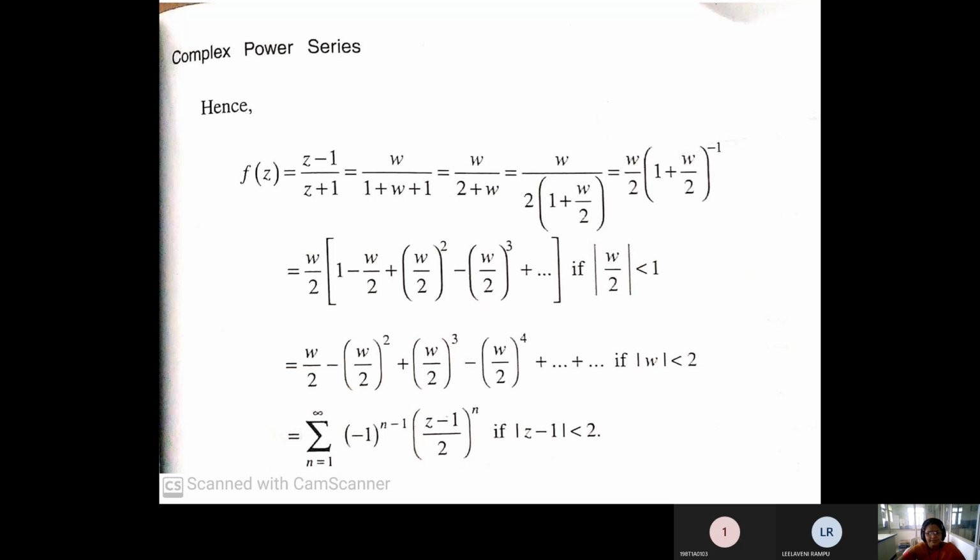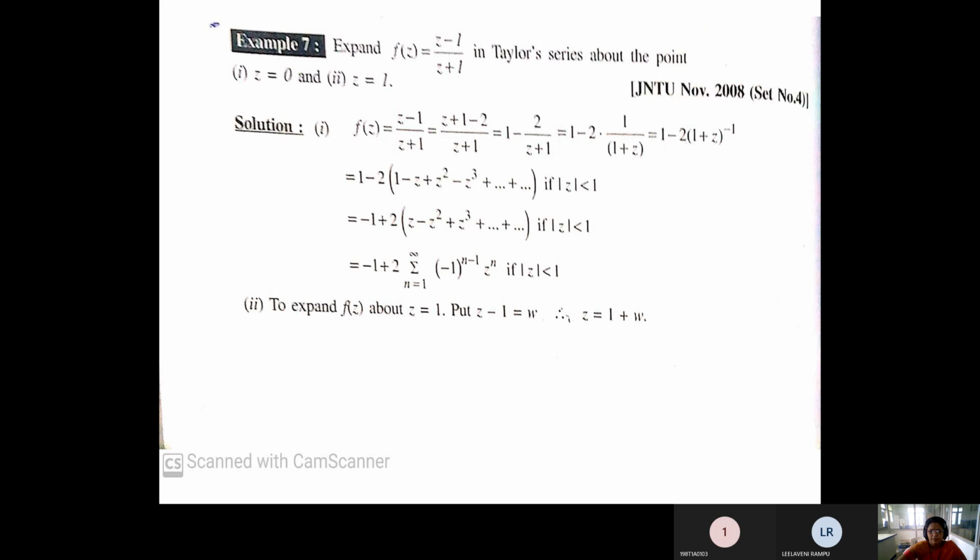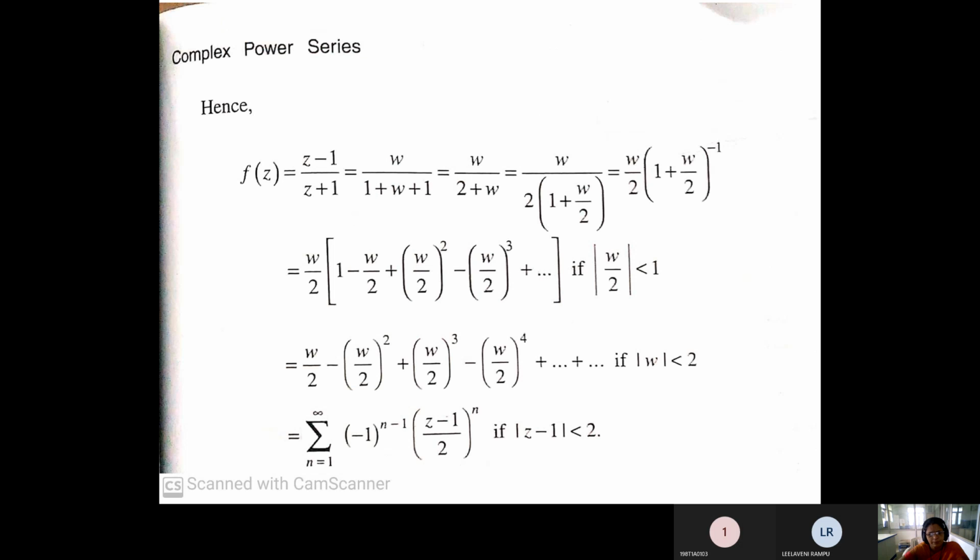Now, the second case is to write the Taylor series about z equal to 1. For that we take z minus 1 equal to w, so z equal to 1 plus w. Substitute z equal to 1 plus w in the given function. So f of z equal to w by 2 plus w, that is w by 2 into 1 plus w by 2 whole power minus 1.